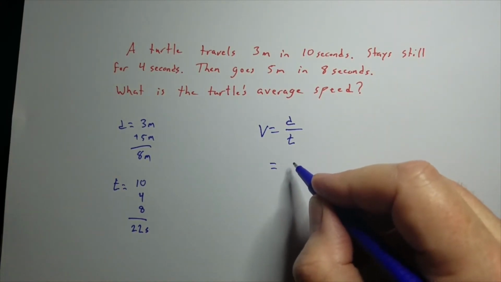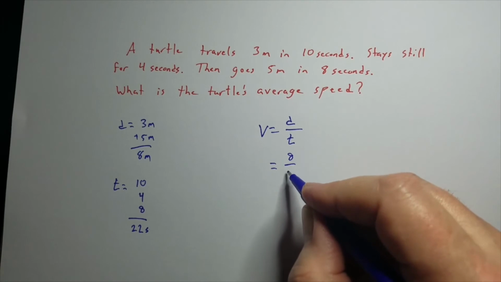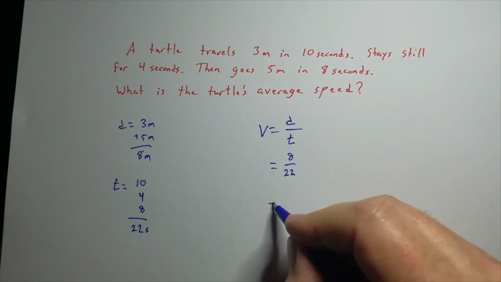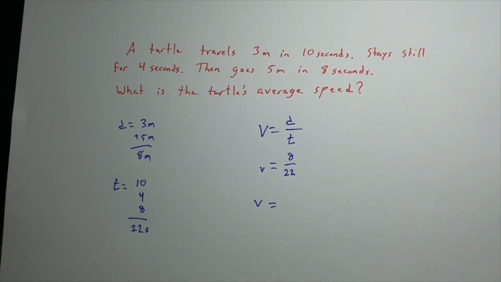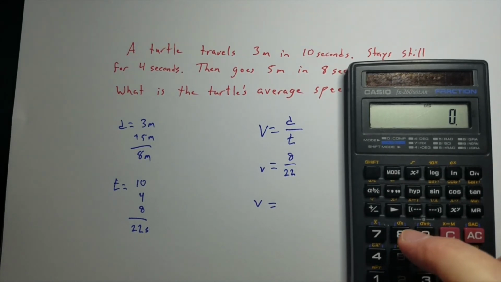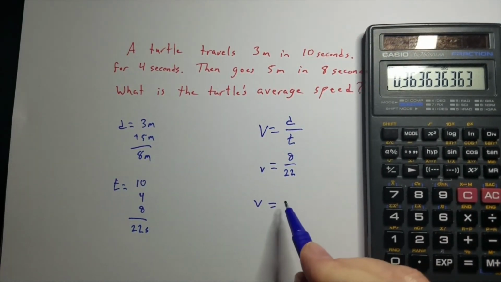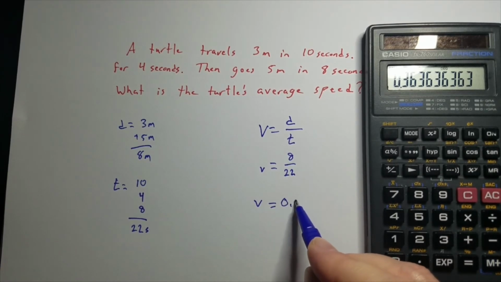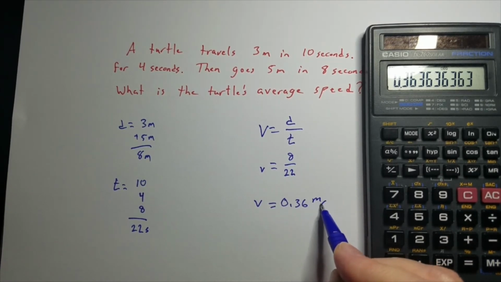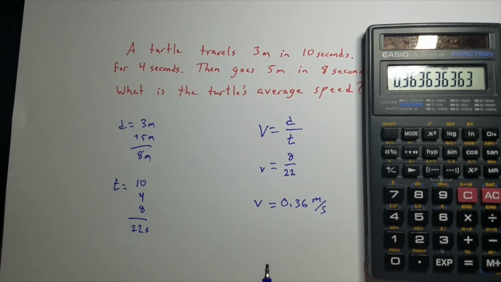So we can do 8 meters over 22 seconds to get a total average speed of 0.36 meters per second. So the equivalent velocity of that turtle is, for every second, it traveled 0.36 meters.